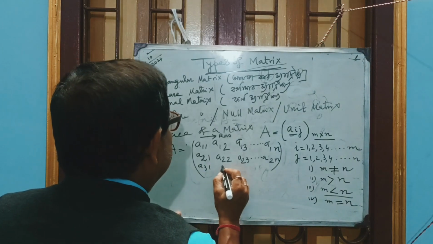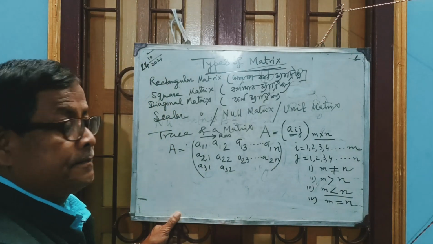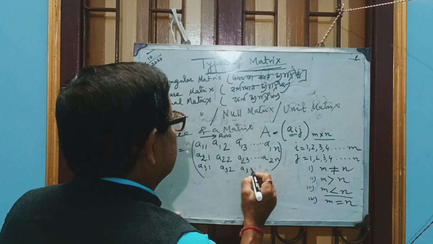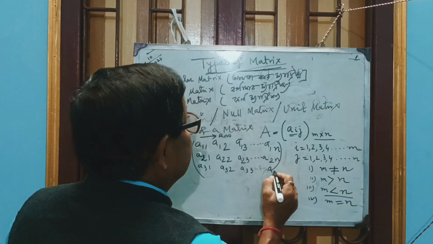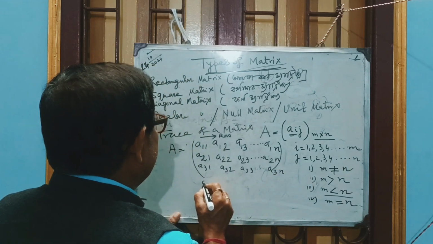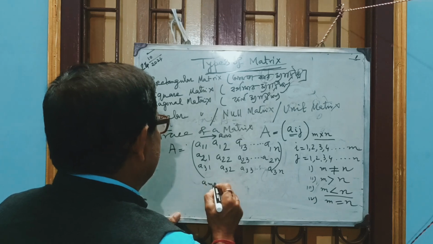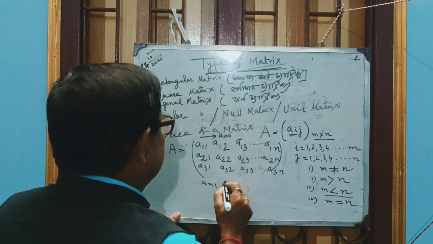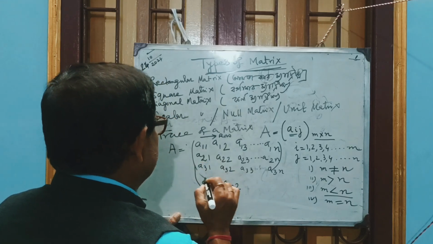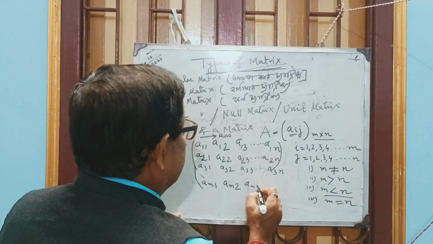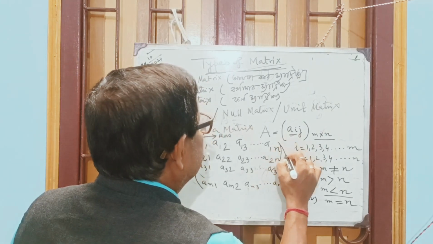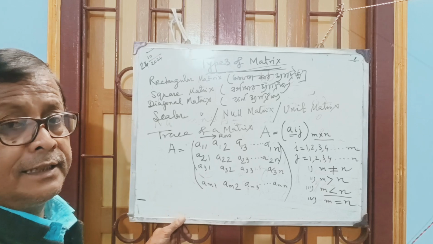Third row, first column, third row, second column, third row, third column, up to third row, Nth column. And the Mth row, first column, Mth row, second column, Mth row, third column, up to Mth row, Nth column.